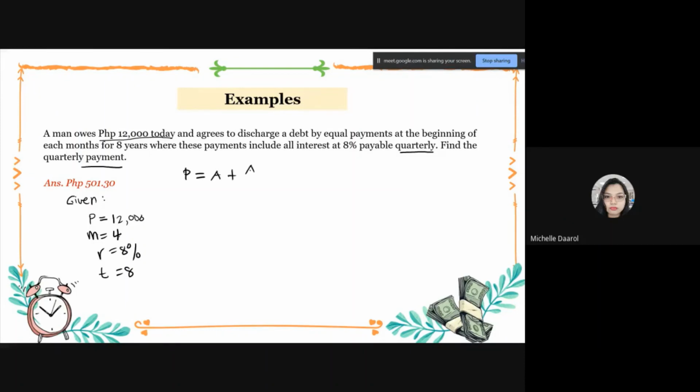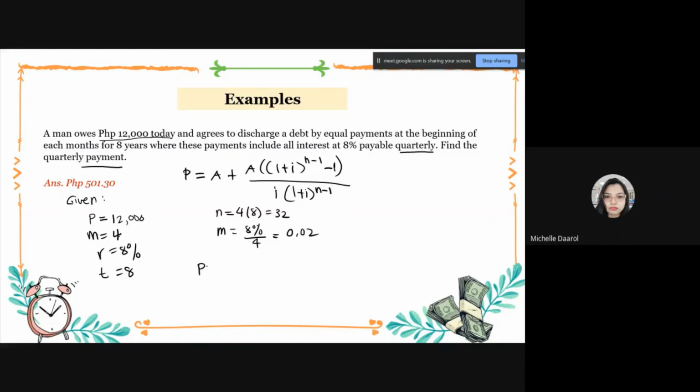Annuity plus annuity times 1 plus i raised to n minus 1 over i times 1 plus i raised to n minus 1. So n here is 4 times 8, 32. i here is 8% divided by 4, 0.02.